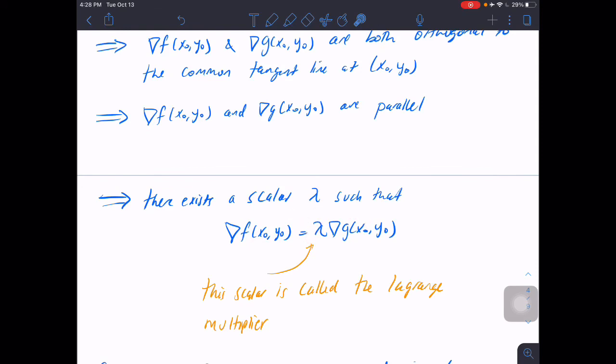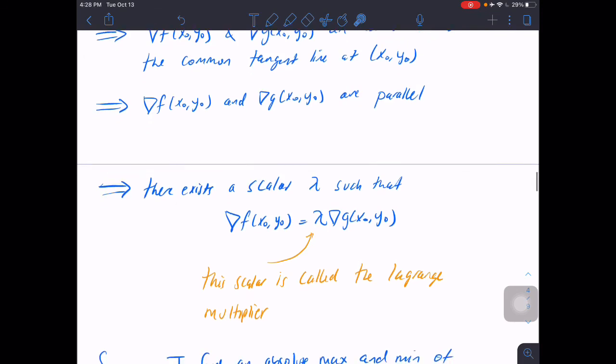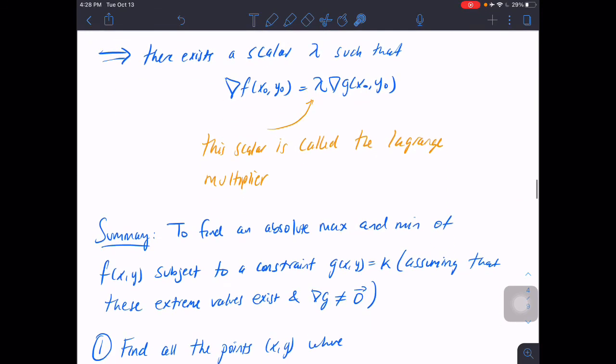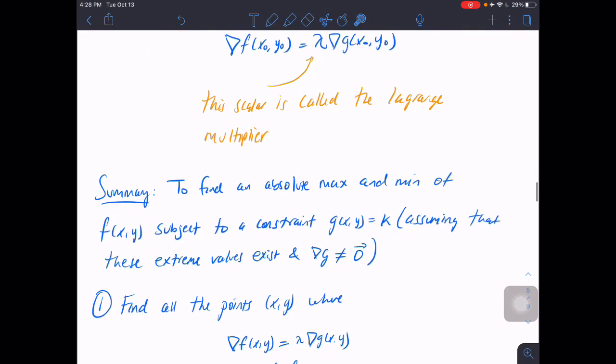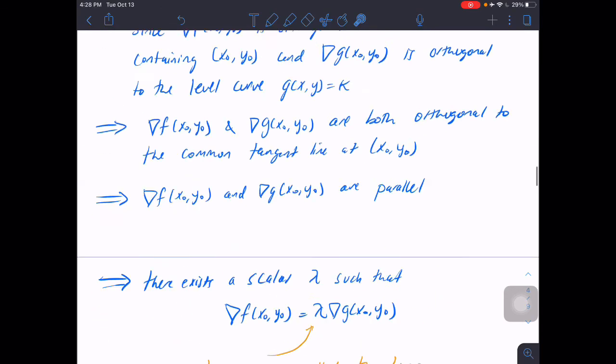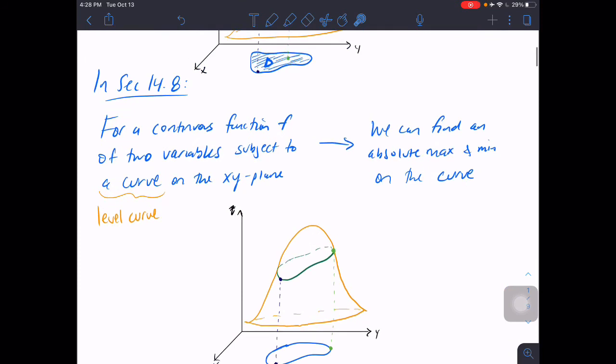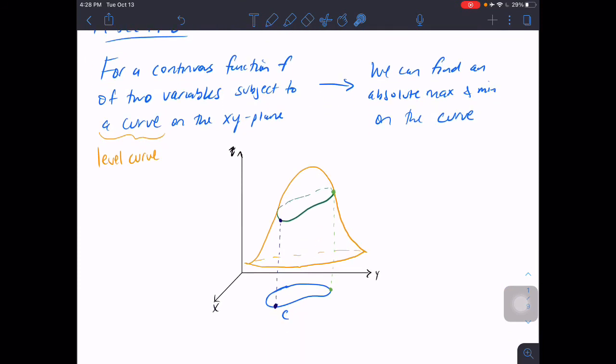Okay, and so let's return to our ultimate goal. Remember, we're trying to find the absolute max and the absolute min. Let me go back up to the very top. We're trying to find the absolute max and absolute min of my function constrained to points that only lie on a level curve given by our constraint function. And so how do we find those points?